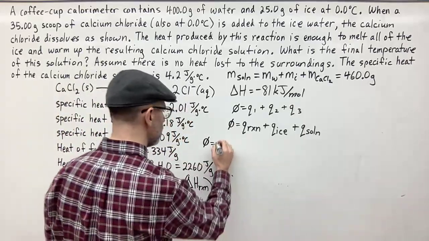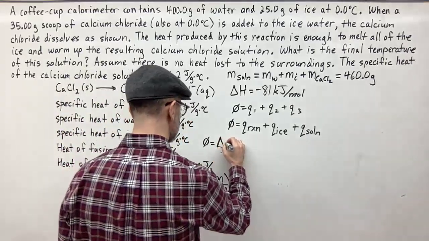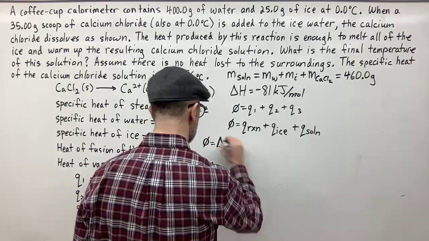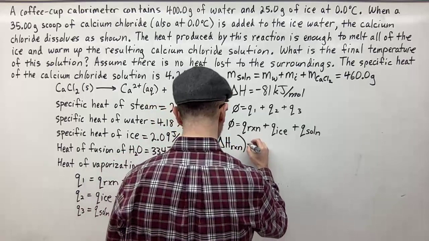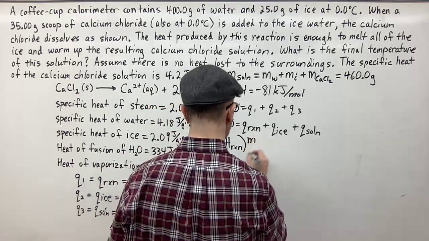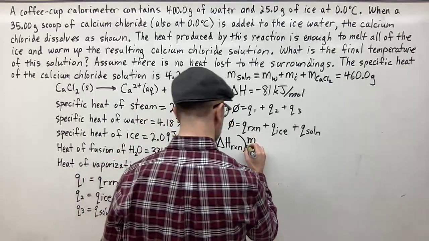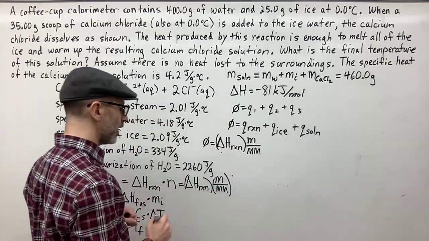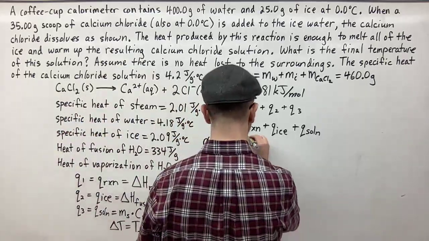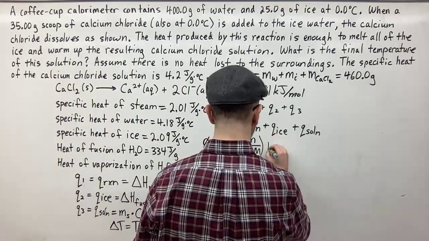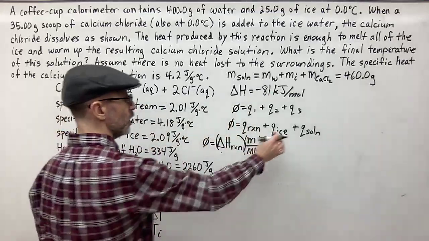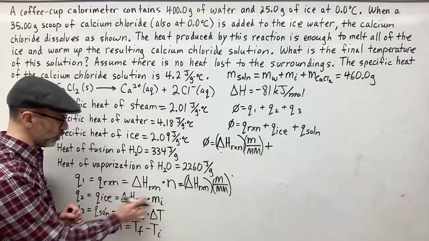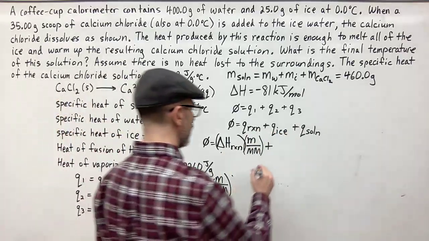So 0 is going to be equal to the change in the enthalpy of the reaction multiplied by the mass of the calcium chloride divided by the molar mass of the calcium chloride, plus the Q of the ice, which is going to be this formula here, the heat of fusion multiplied by the mass of the ice.